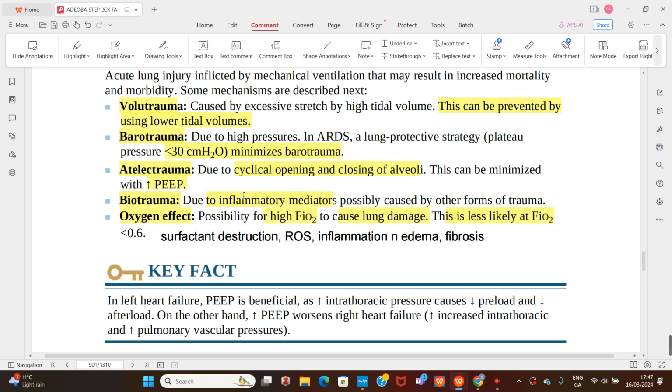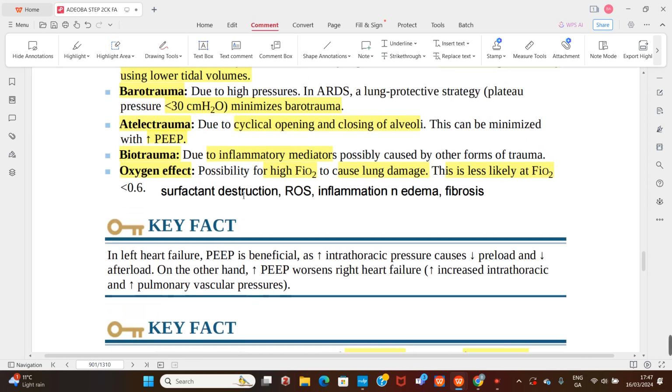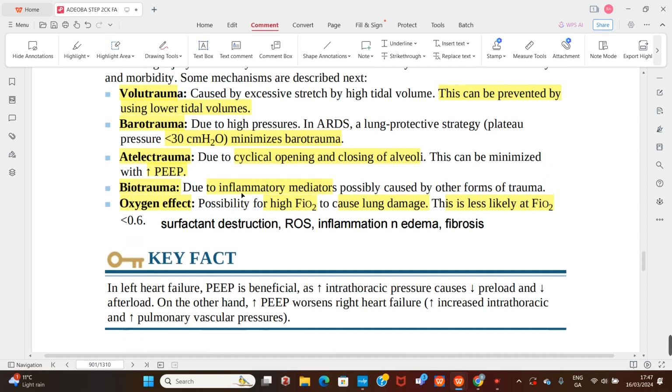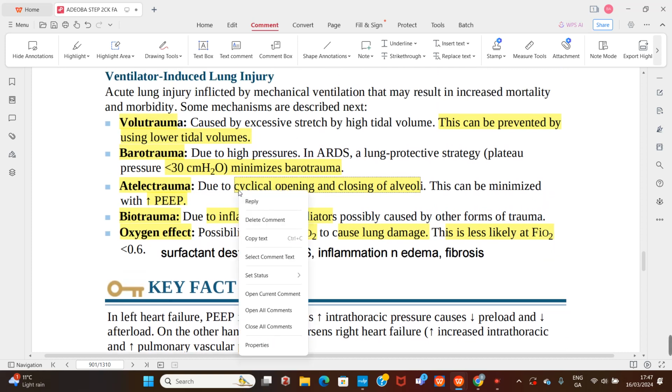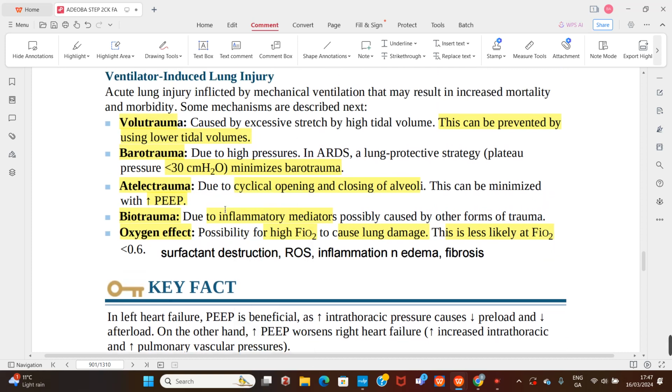ventilator-associated pneumonia. I think we'll talk about it maybe when we get to pneumonia, but the summary is when somebody develops pneumonia-like symptoms within 48 hours. So after 48 hours of mechanical ventilation, somebody starts developing fever, cough, dyspnea, this is likely to be ventilator-associated pneumonia. So there are so many risk factors.